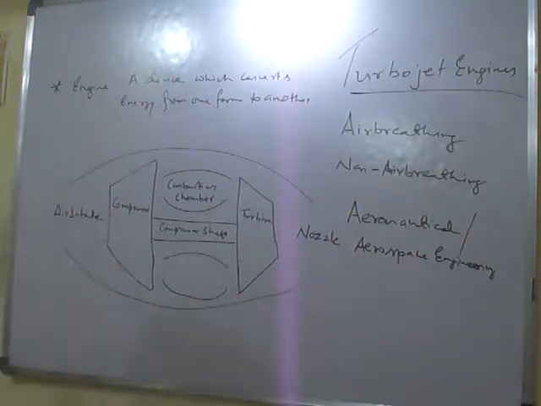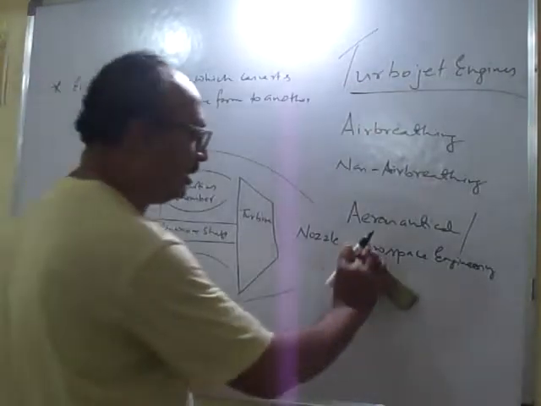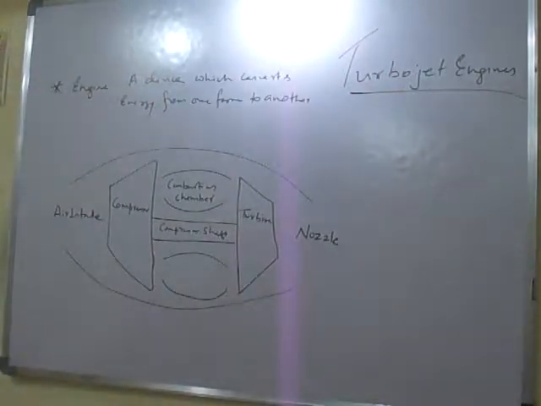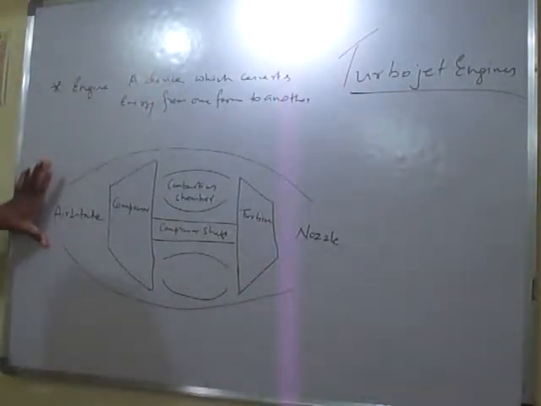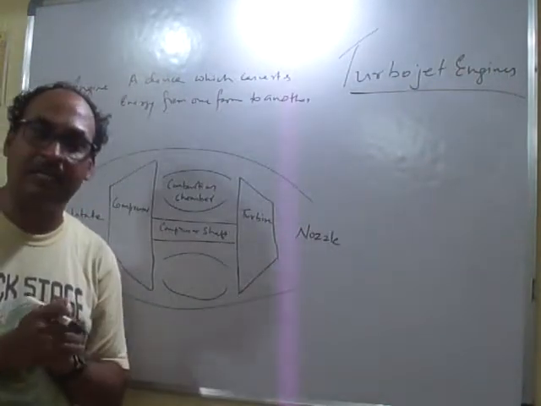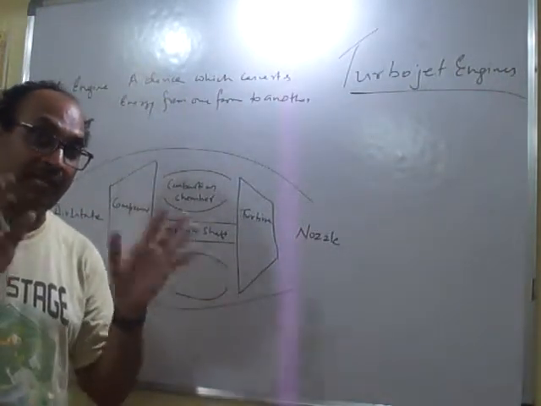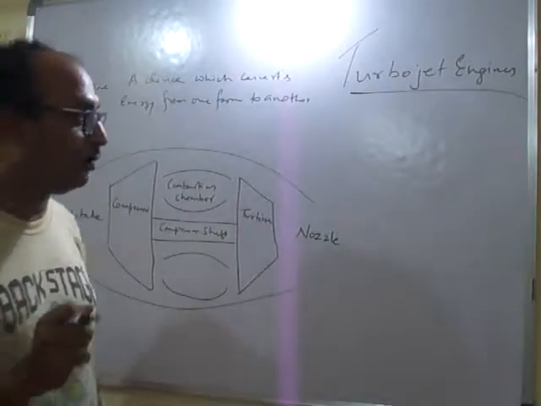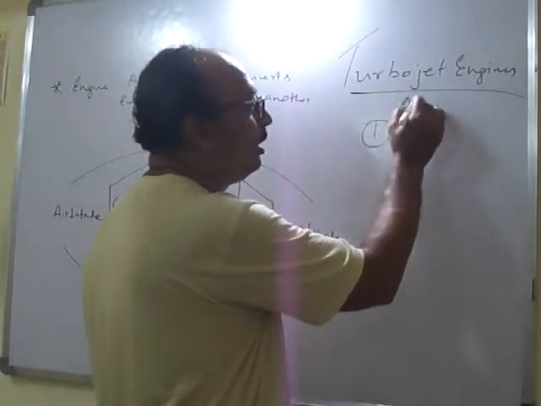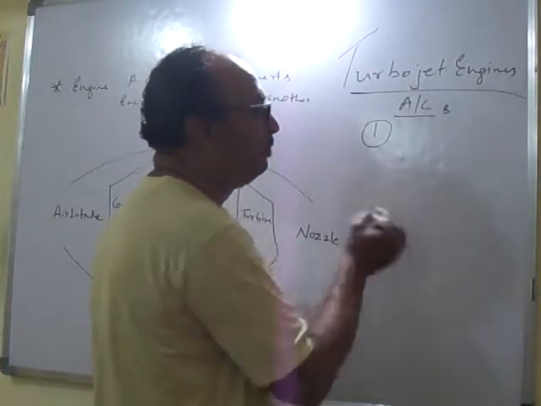So these things I will erase now, it is not required. The parts of a turbojet engine are generally fitted in an aircraft, especially in fighter aircraft. I have uploaded one video in which I clearly told that aircraft are classified on the basis of their role.